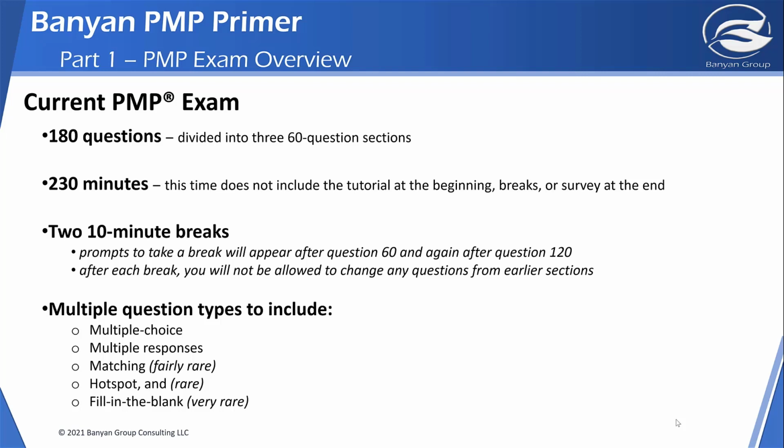This is very rare. So the vast majority of questions you're going to get are multiple choice or multiple responses. Just know that you may encounter some other question types like matching and hotspot and fill in the blank. Don't be surprised when you see them, but you'll use the knowledge you've gained from your studies and answer the question in whatever format they present.